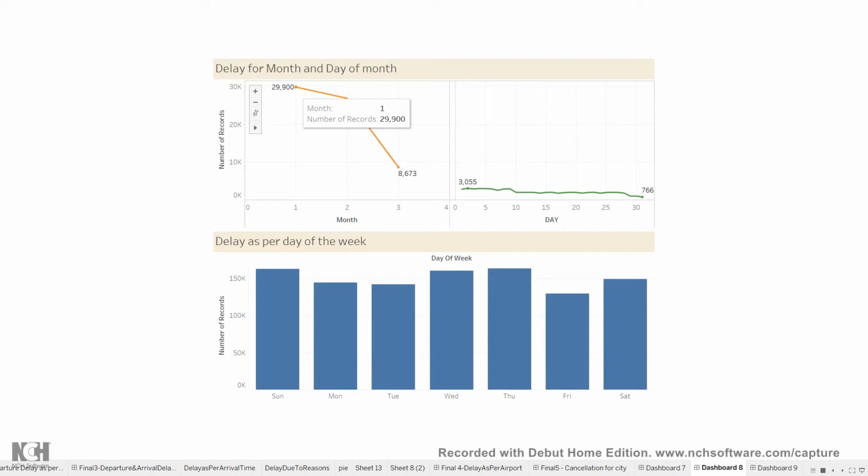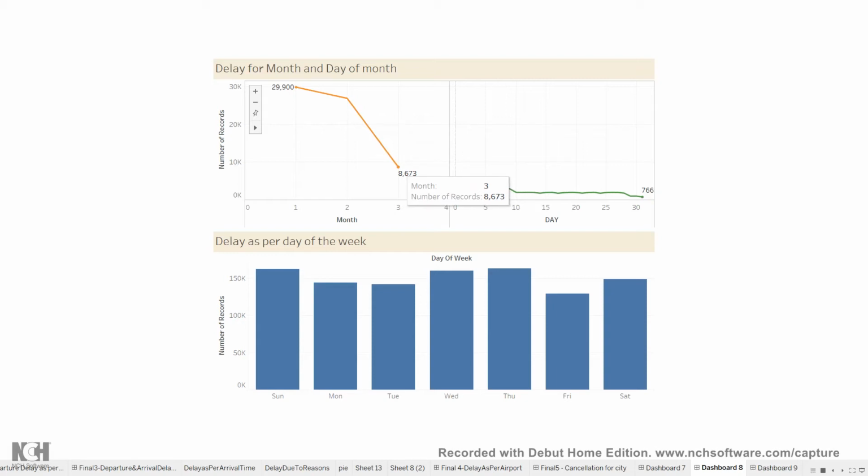The number is 229,900 for the first month, and there is quite a significant drop from February, from 26,940 to March, which is 8,673.